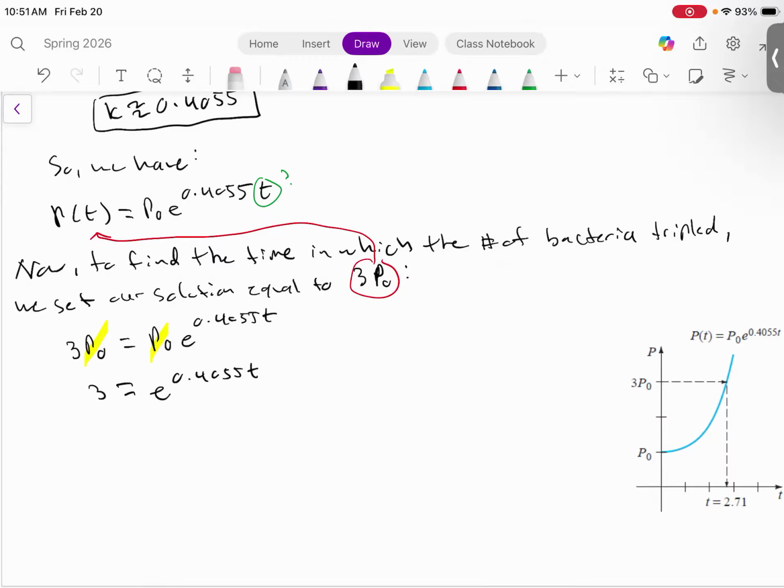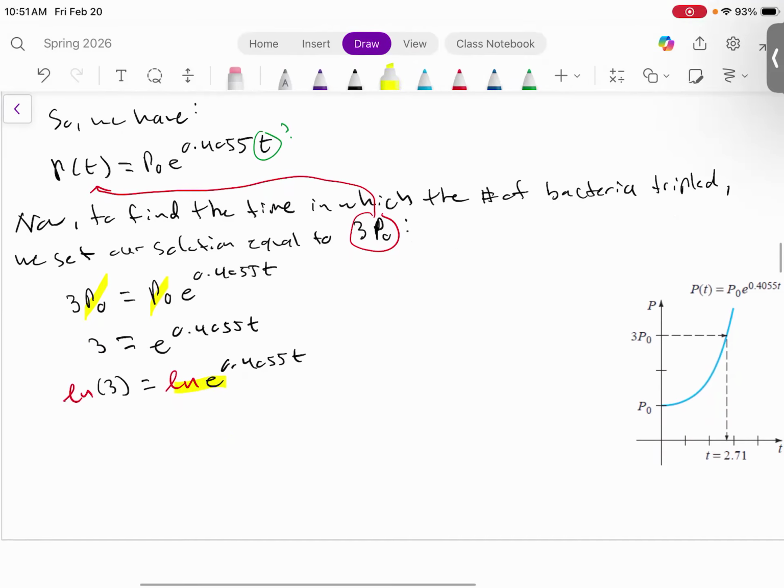And then once again, what we can do is natural log both sides. The natural log and exponential cancel out, and what we're left with is natural log of 3 equals 0.4055 t.